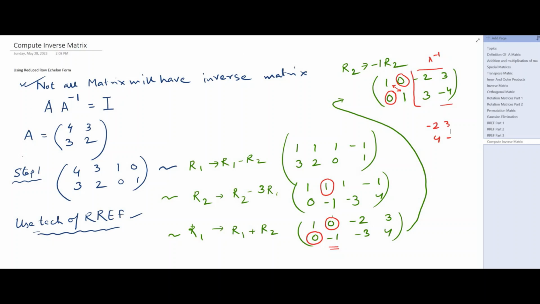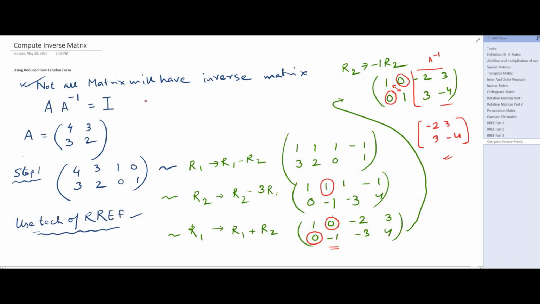Sorry, let me erase it, and let me go back to the red pen only. So this will be 3, minus 4. This is my inverse matrix. So that's the way, using this reduced row echelon form, we can easily find the inverse matrix of any matrix, depending on whether the inverse matrix is available or not.